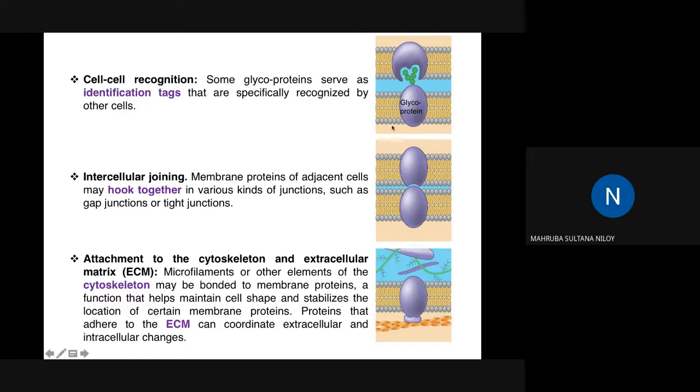Glycoprotein actually consists of carbohydrates and protein, right? Yes, sir. So as we discussed earlier, this may act as a tag for cell recognition. Is it clear? Yes, sir.